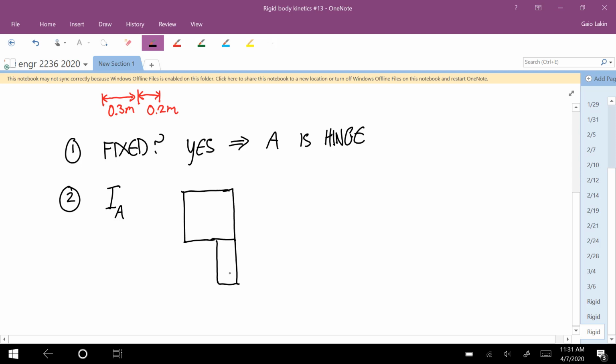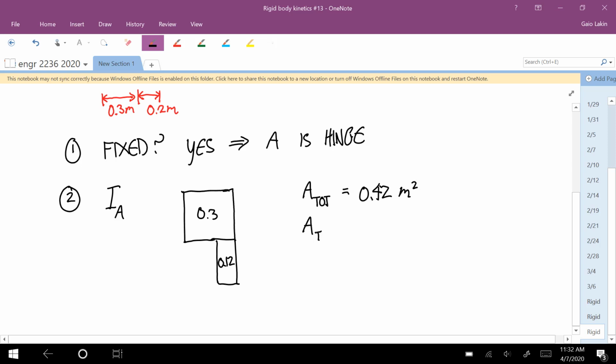This one has an area of 0.3 meters squared. This one has an area of 0.12 meters squared. And so the whole area is 0.42 meters squared.